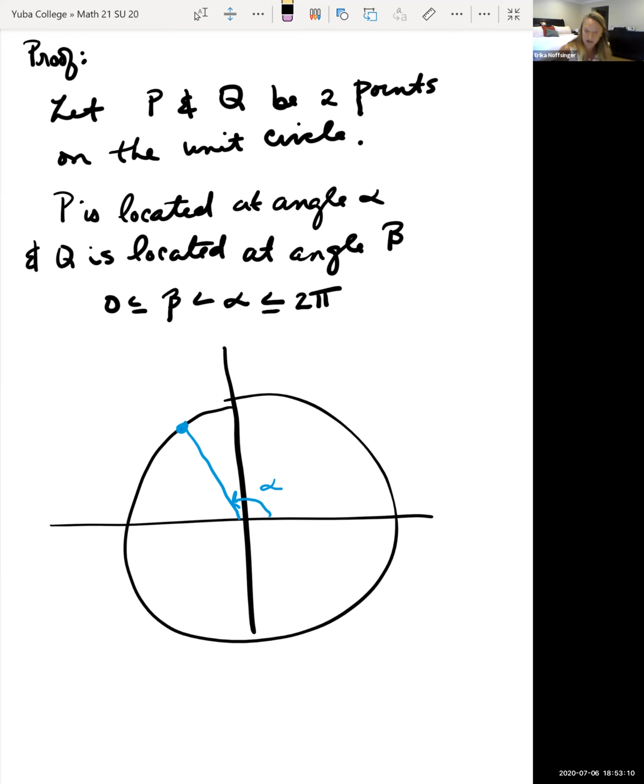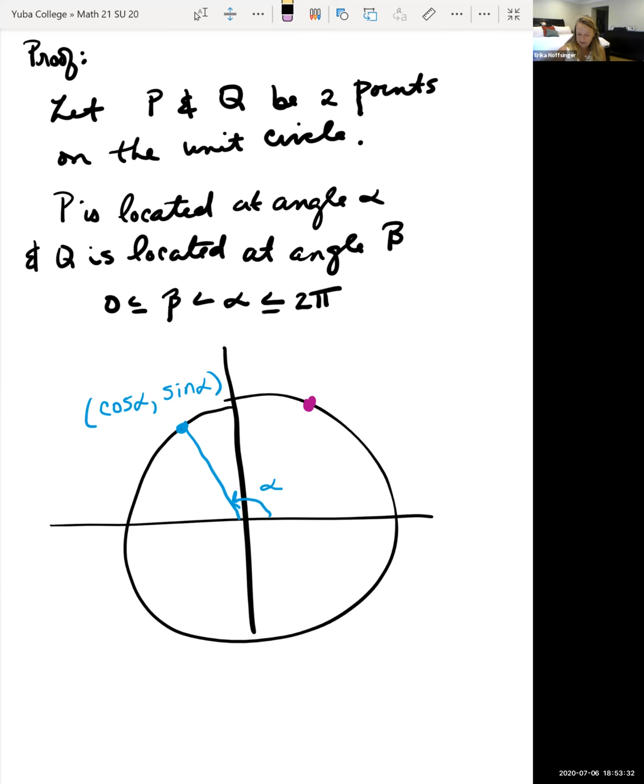This point can be defined as the x value is cosine alpha and the y value is sine alpha. And then let's draw a point where the angle is smaller.